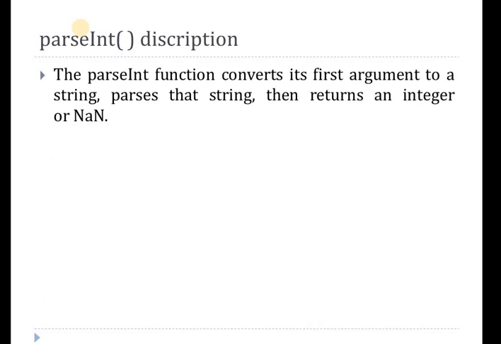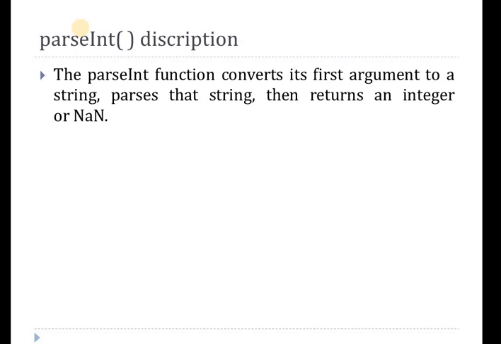Now the description. The parseInt function converts its first argument to a string, parses that string, and then returns an integer or NaN. So it will take a string as the argument, then parse that string and then return an integer value or not a number.